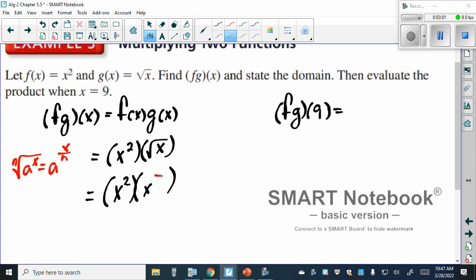Now the denominator is the index of our radical. Since we don't have one written, it's going to be what? 2. If there's not an index written inside the radical, it's understood to be 2. Now is there an exponent attached to our x? No, so it's understood to be 1. Because the square root is the same as the 1/2 power.